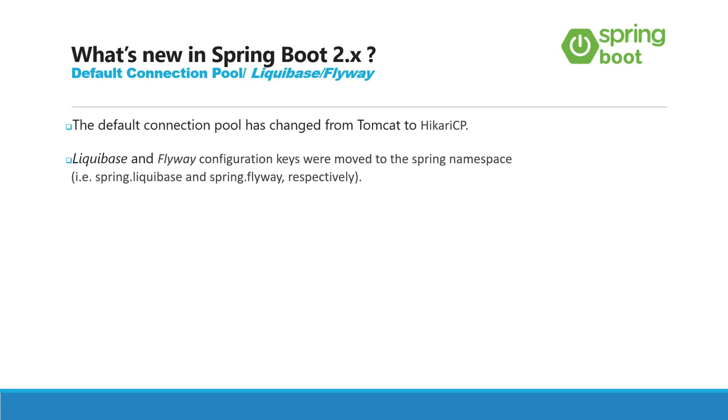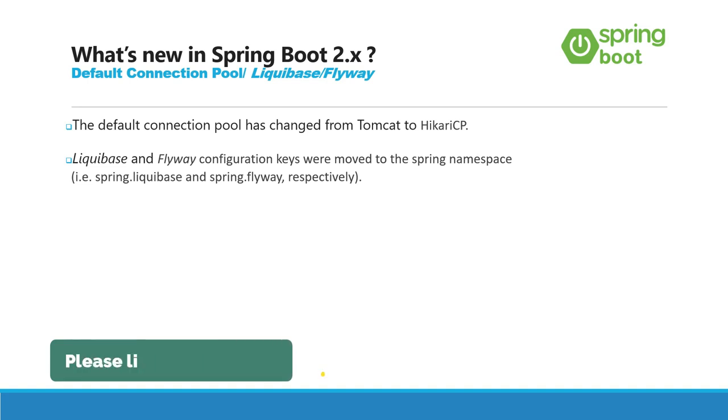Next, we will talk about the default connection pool, Liquibase and Flyway. As you know, when you work with Spring Boot data JDBC or Spring Boot data JPA, whenever you add Spring Boot starter data JPA or Spring Boot starter data JDBC in your class path, Spring Boot is going to choose Hikari by default as the connection pool in Spring Boot 2.